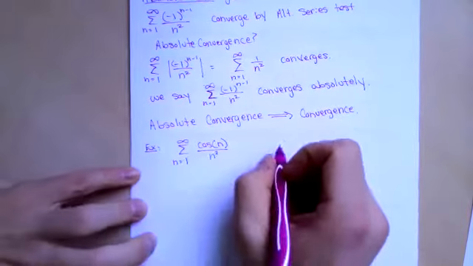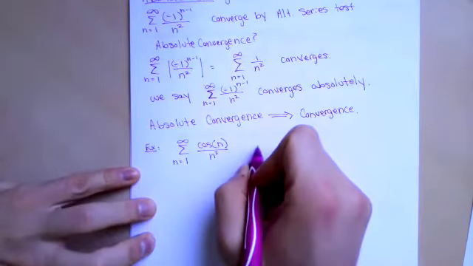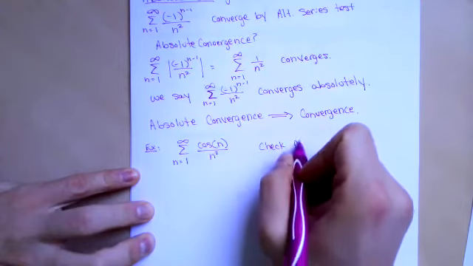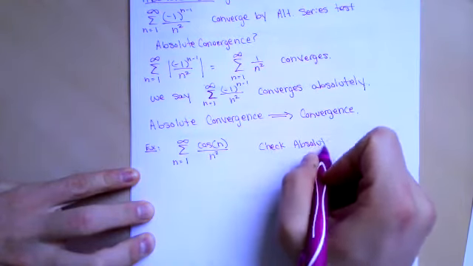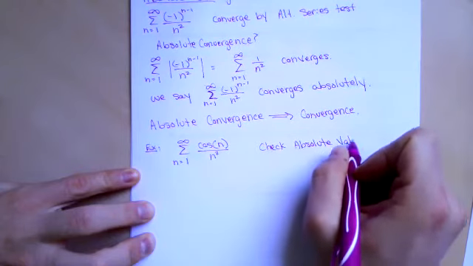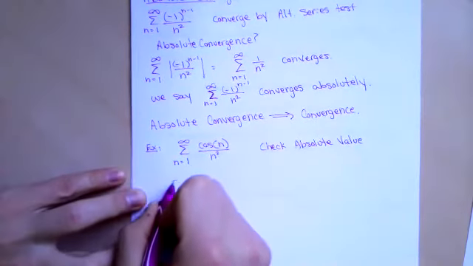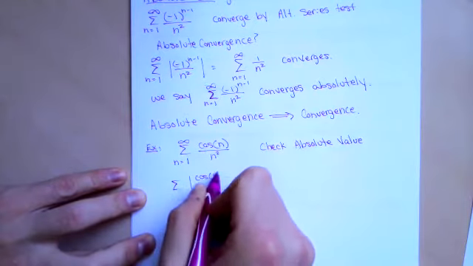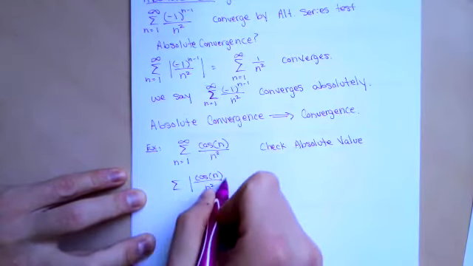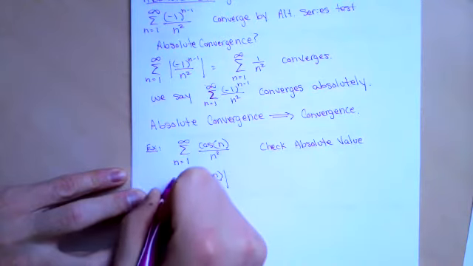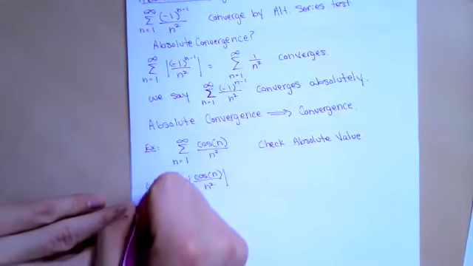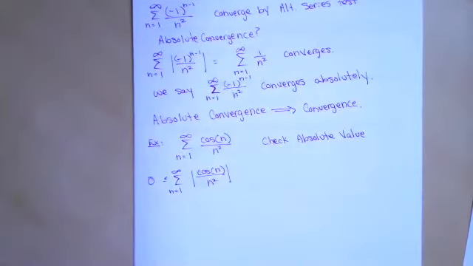And so essentially what you can do with this one is check the absolute value. And we would just get absolute value of cosine of n over n squared, which I know is now always positive because we're taking the absolute value.